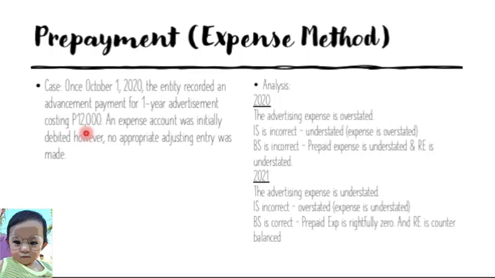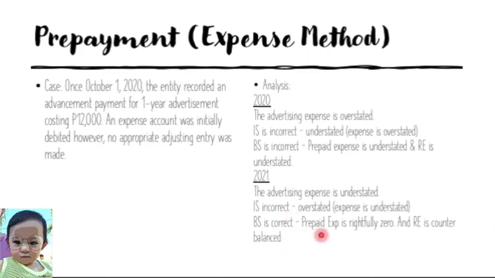So eventually, all these payments will be transferred to expense. So if you erroneously fail to recognize an asset at the end of the year, it does not really matter because eventually that prepayment you fail to recognize will still be expensed next year. That's why it automatically counterbalances.